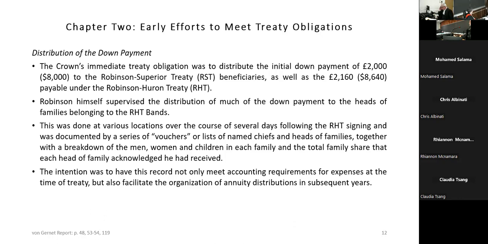So slide 12, let's have you talk about the down payment aspect. What was done to meet that obligation? All right, well, the first obligation obviously was the down payment because that had to be paid right away.